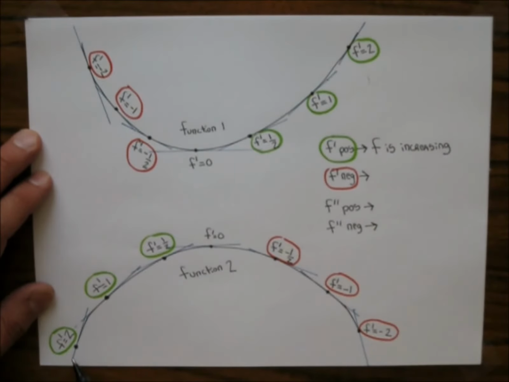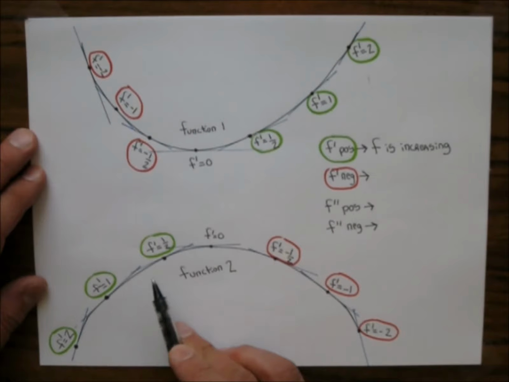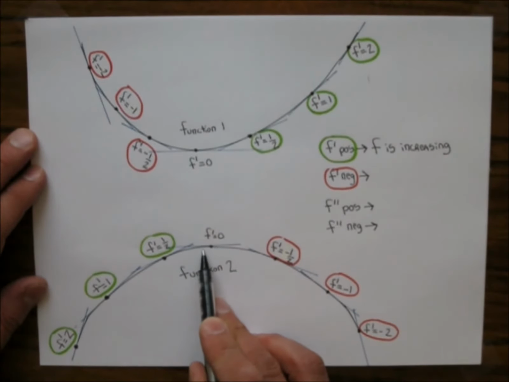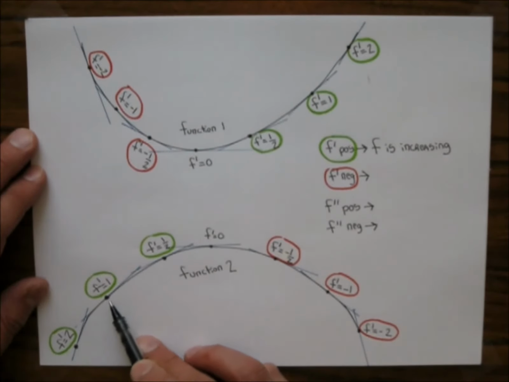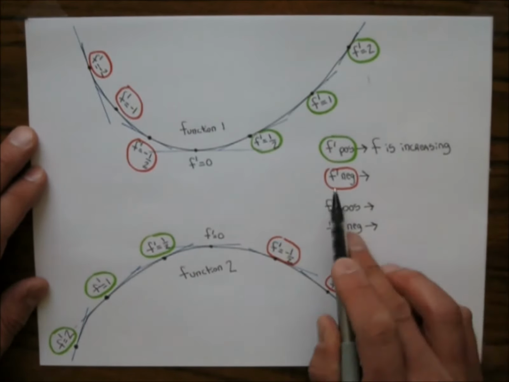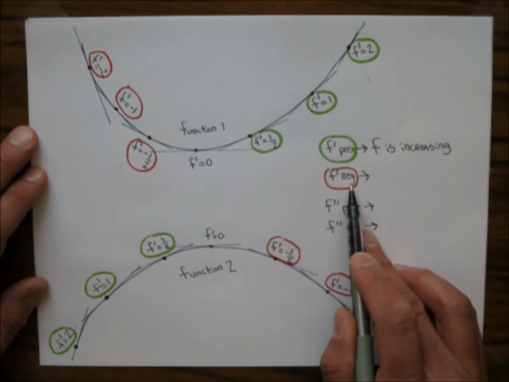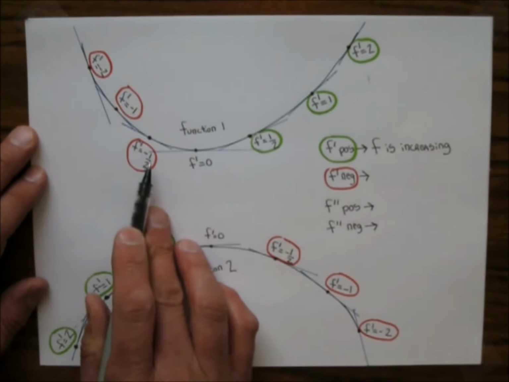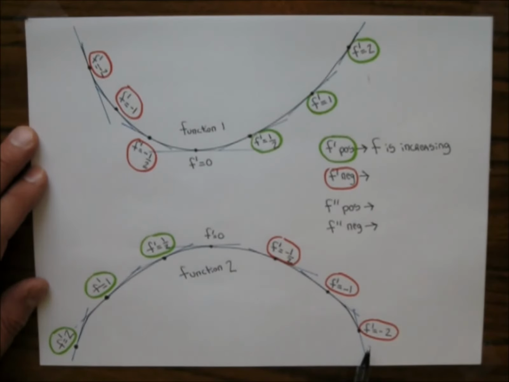And notice, look right here. You have f prime is 2, f prime is 1, f prime is 1/2. Maybe f prime here is 0.001, but that's when this graph is increasing. F prime is negative on those values there, on function 2.